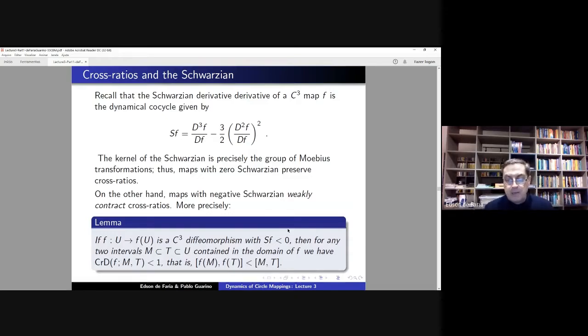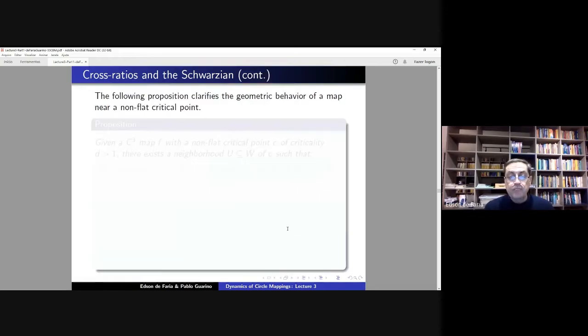So in the limit, as this happens, you get a different, infinitesimal expression of cross ratio. And that's the one he used. But here we are going to use this one, and we're going to show how Yoccoz's theorem can be proved using this cross ratio.